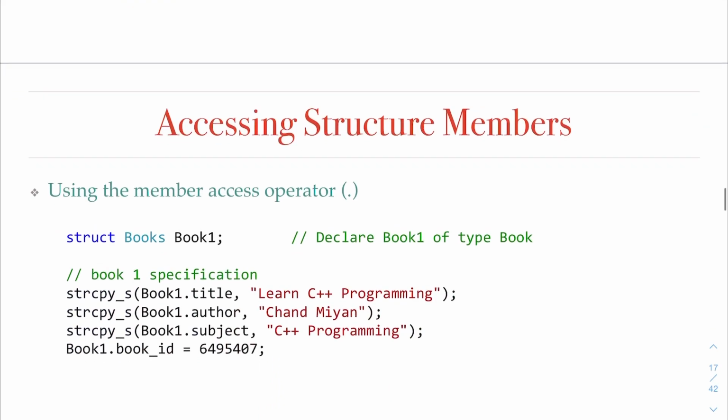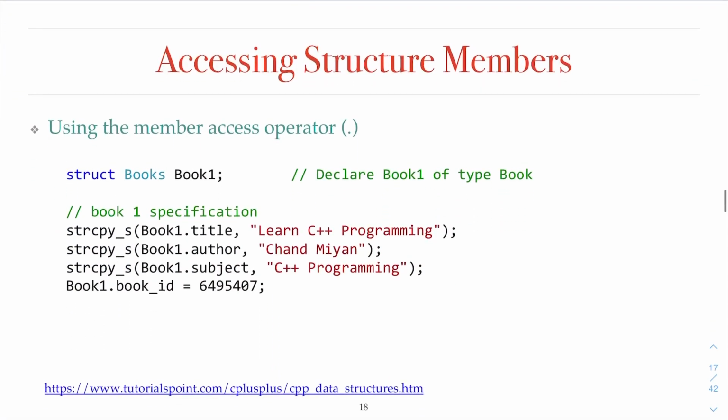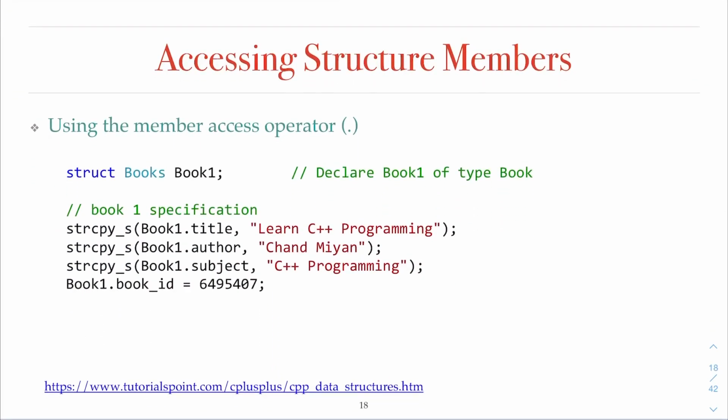Okay, now for accessing the struct member, you can use the member access operator here, the dot. Okay, this dot is maybe easy for all of you to understand. Let's say I want to take the title in that book1.